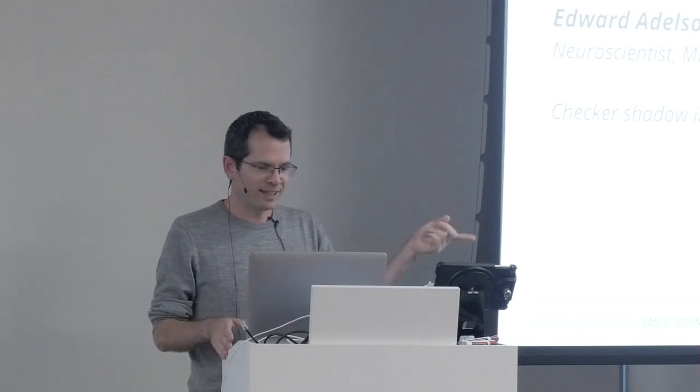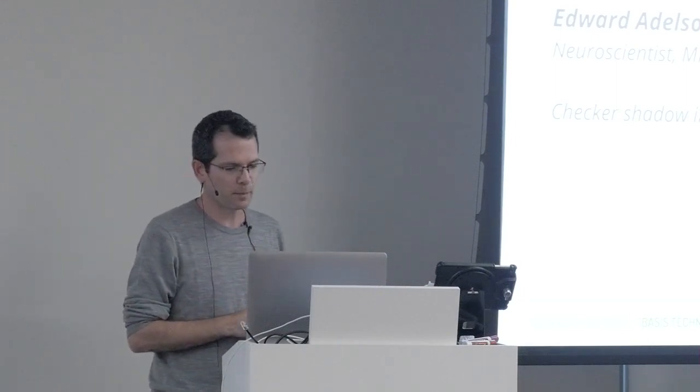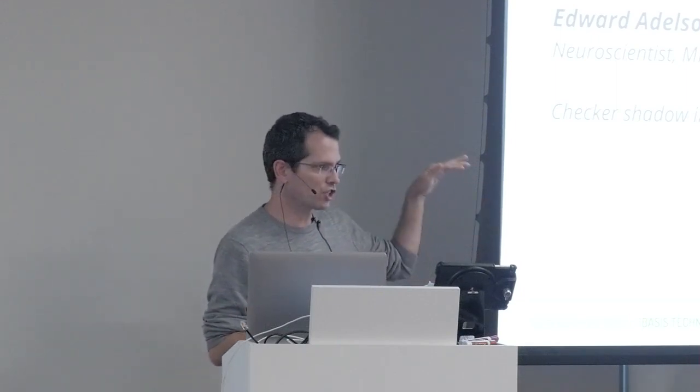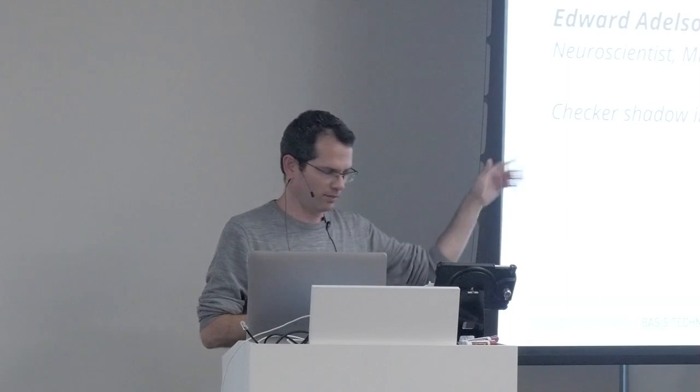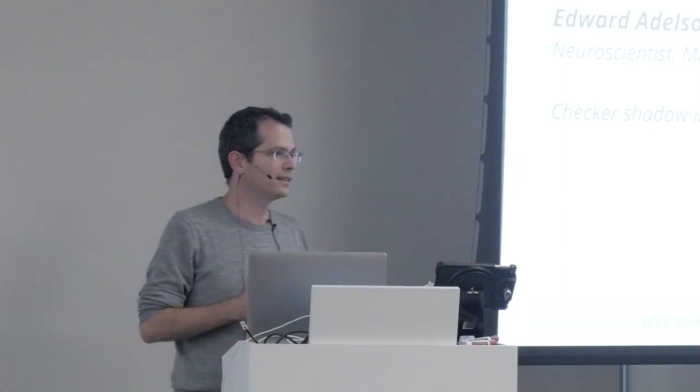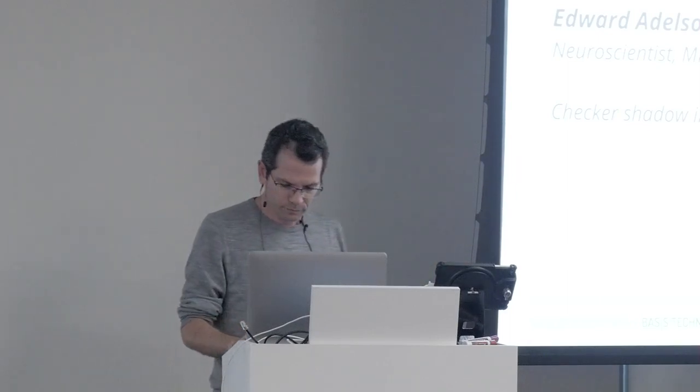Yeah, so probably many of you think that B is actually lighter than A, but in fact it gets darker by the shadow that is cast there by this green element, and it ends up exactly the same color.